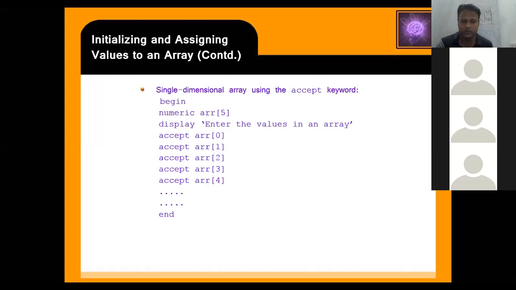Score 0 is 24. Score 1, at index number 1, we are passing, suppose, 32. Okay, in this way we have to store a value.